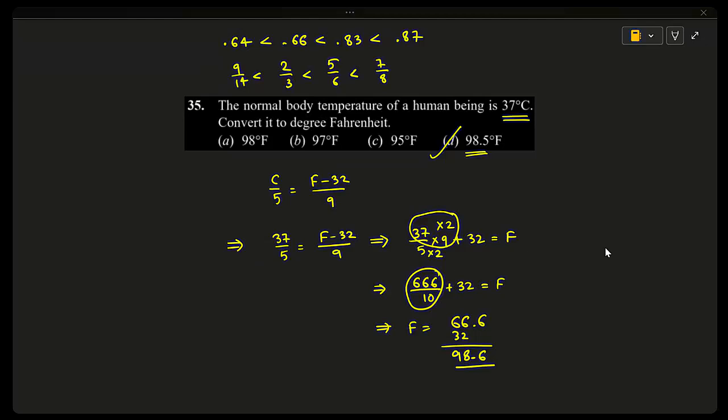Sir, you get 98.6, na? Yes. Sir, 99 is there. Even if 99 is there, you have to go for 98.5 only. Why? Because among the given options, you have to find which is closest to our answer. So even if 99 is there, I'll be going to 98.5 only. Why? Because the difference is very small between 98.6 and 98.5. Right?